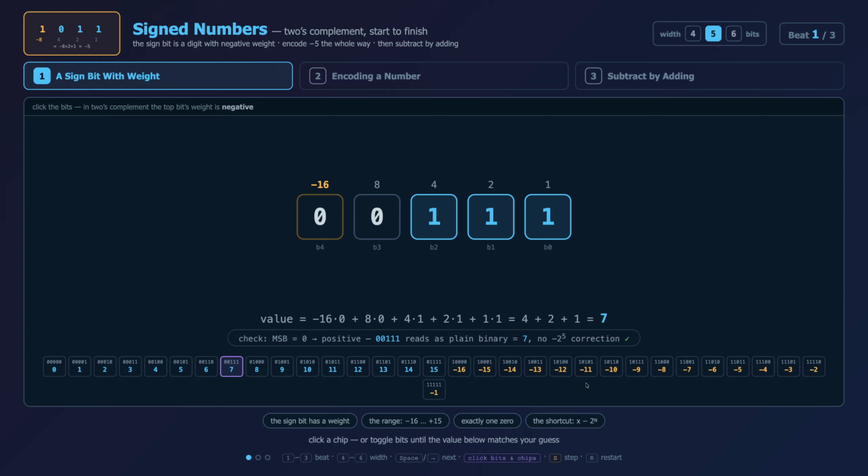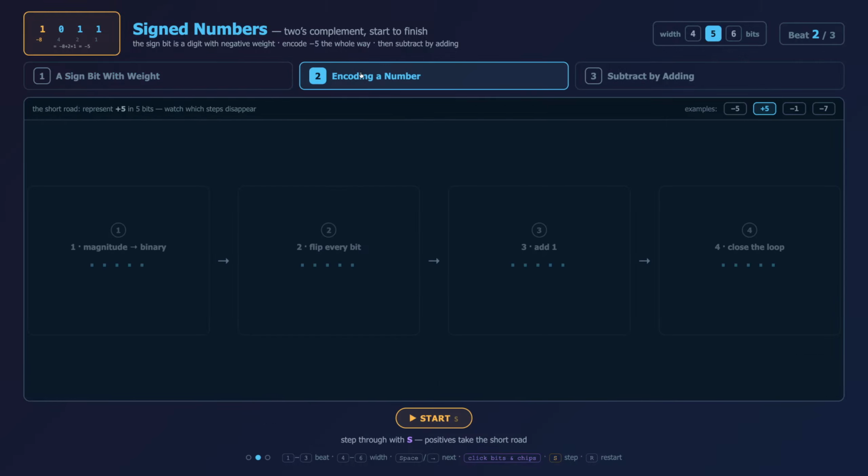And so then over here, what about, say, minus 14? Okay, so with minus 14, I can think of that as the sign bit kicks on because of the negative bit, and then I add minus 16 plus 2, and I get to minus 14. Okay, so that's one way of thinking of it.